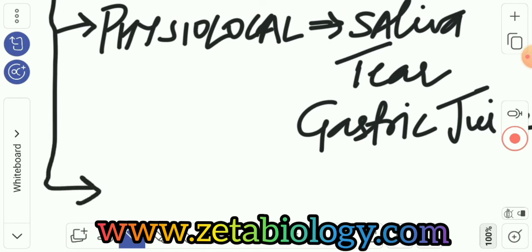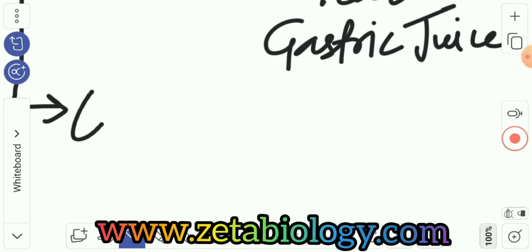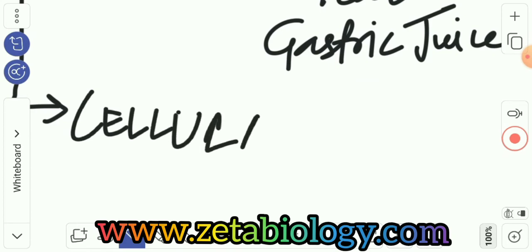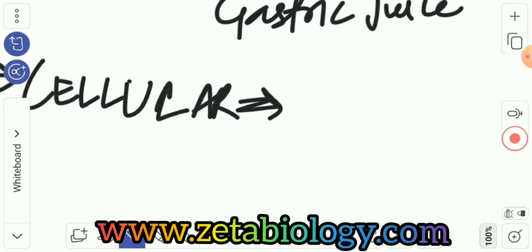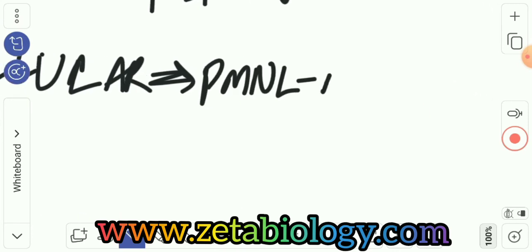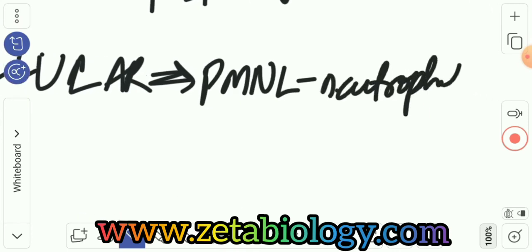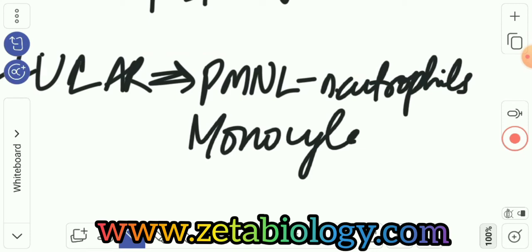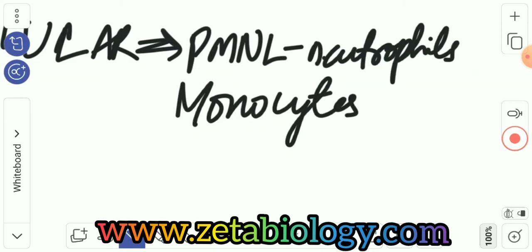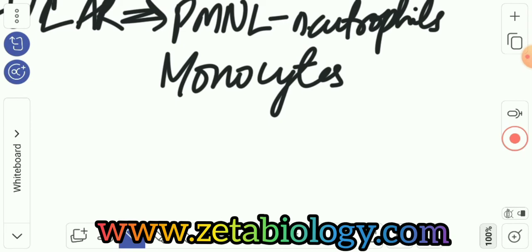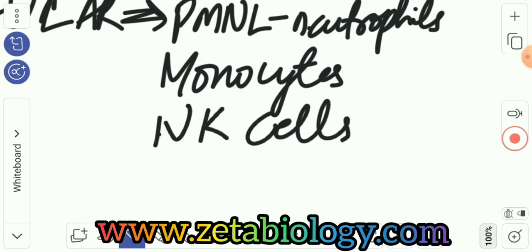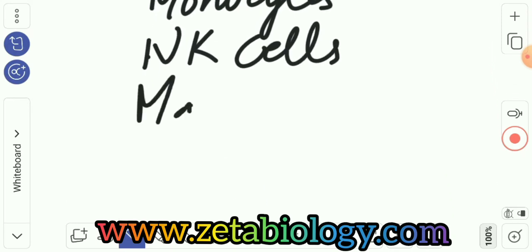Third, cellular barriers. Cellular barriers consist of PMNL neutrophils and monocytes. These are cells that help in stopping the foreign organism inside our body. Natural killer cells, macrophages.